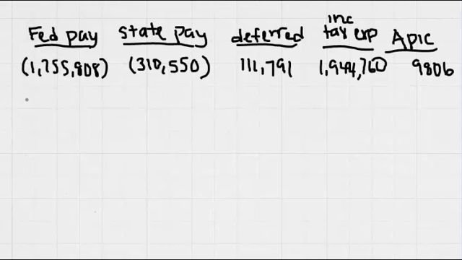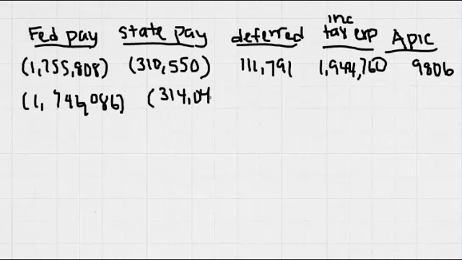So we have our new current payable is 1,746,086. Our new state payable is 314,040. Our new deferred is 104,119.